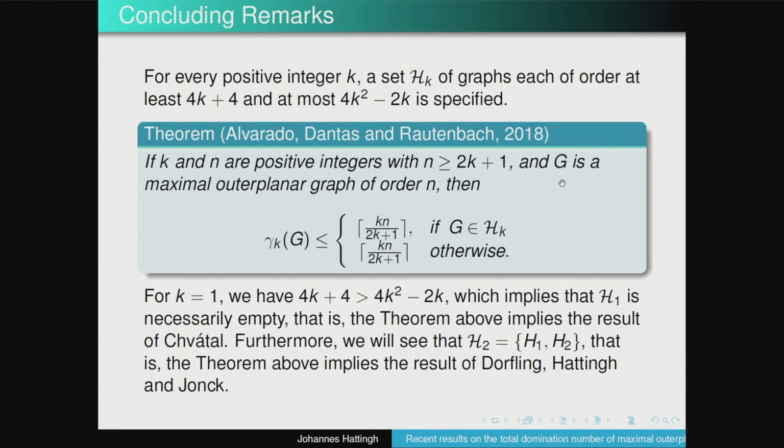And so in that case, the result becomes gamma_2 of G is at most, they say, a ceiling of, I must have messed this up. I have to go look at that again. But in any case, just indulge me. So it's 2 times n over 5, right? So that also implies the result of Dorfman, Hattingh, and Jung. So I have to go and fix that slide. But in any case, that's the idea that I want to talk about.